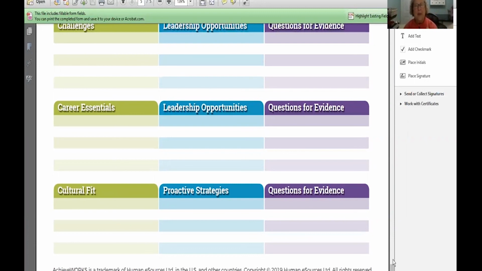So the leadership opportunity ideas and the proactive strategies here are simply ways of organizing questions and thoughts and things you want to seek out in those experiences. And then hopefully by now you've got an idea of the questions for evidence by yourself, with your parents, with your counselor.